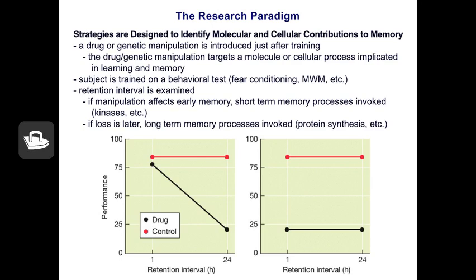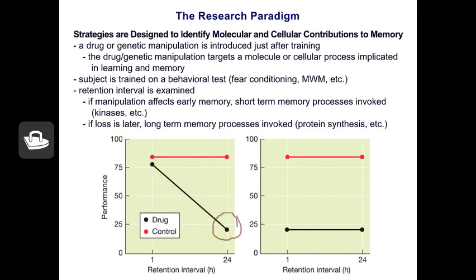In the graph at the left, the animal shows intact learning, or a high level of cognitive performance at the test 1 hour after the training and treatment. Basically, the response is equivalent to the response of the control animal. But then the memory is gone by the time of the 24-hour test. So consolidation was disrupted.